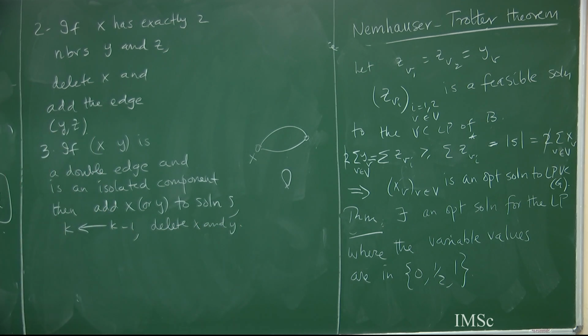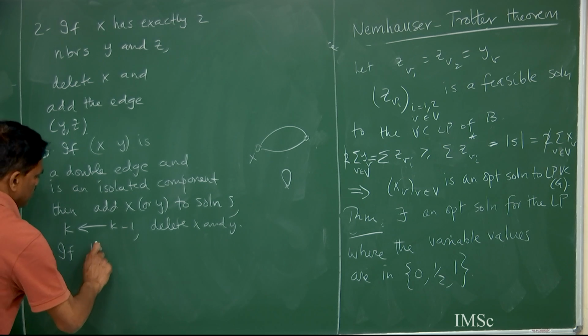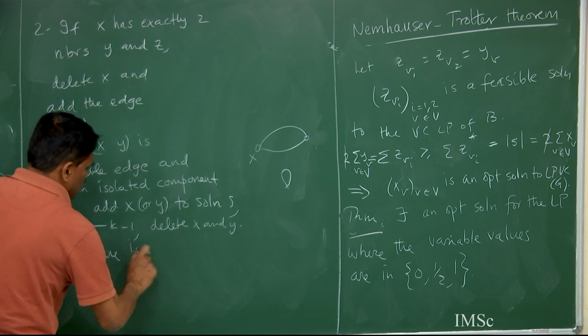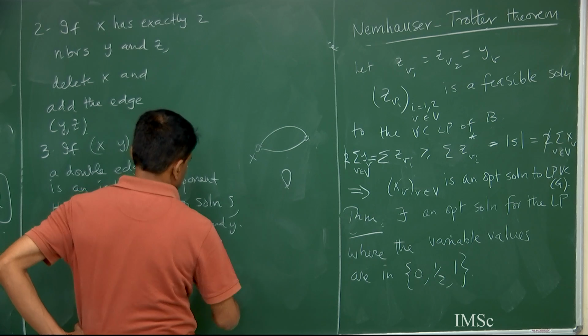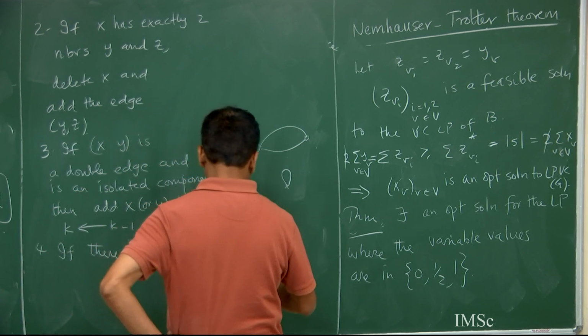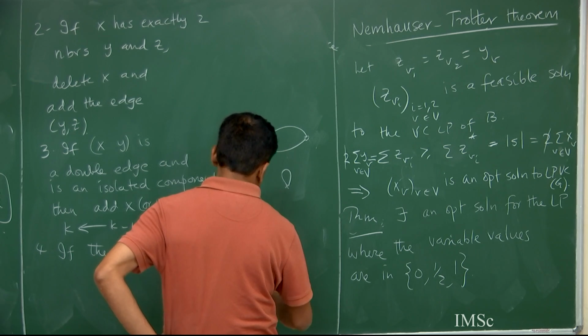So your graph in general can become a multi-graph, right? So even if there is a loop on x, same thing, right? Add x to S and your k becomes k minus 1.